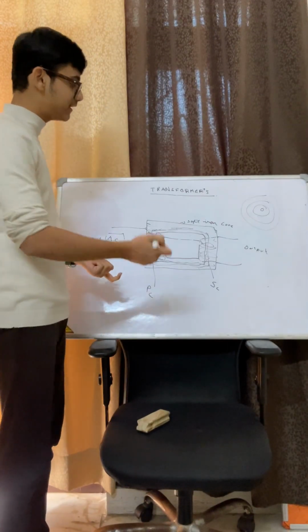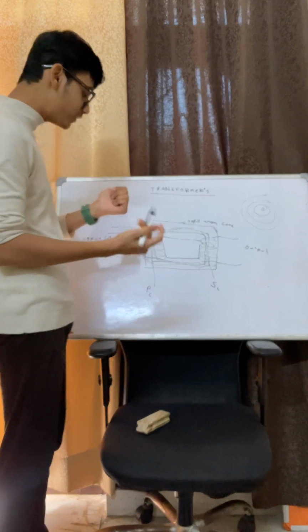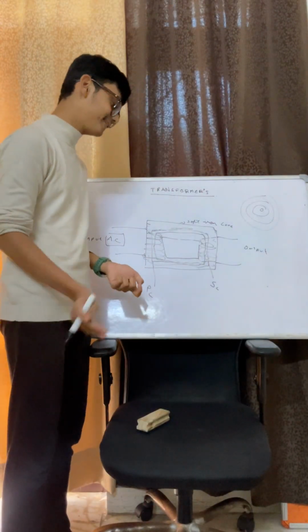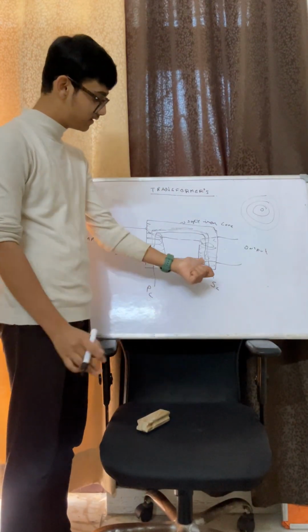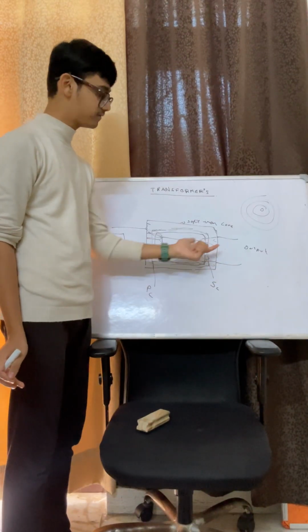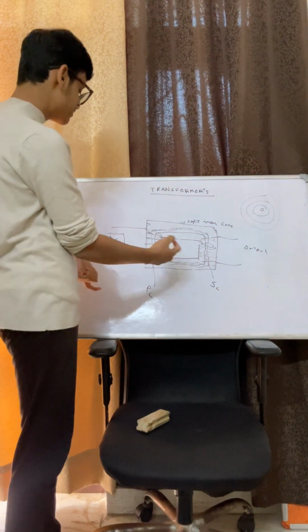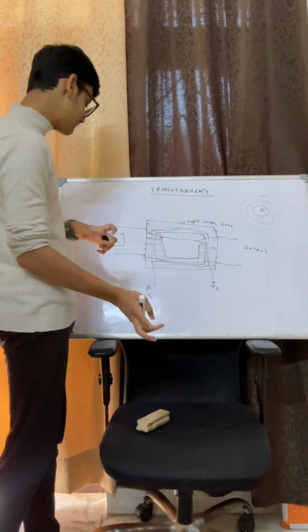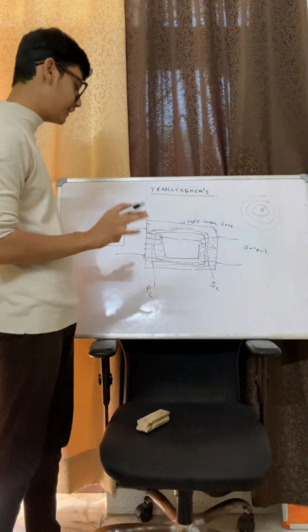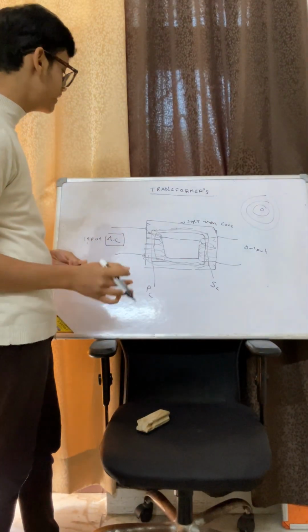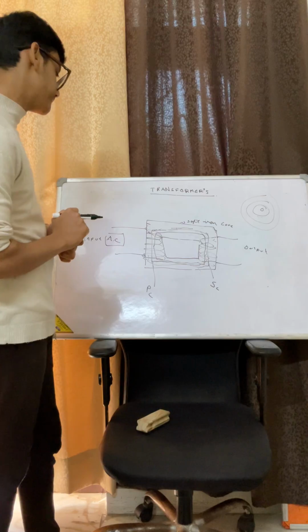If the magnetic field is static and not changing, it won't be cut by the secondary coil, and it won't induce an EMF in the output circuit, and the whole functioning will not work if the current is DC. That is why we only have alternating current when we are using a transformer, right?